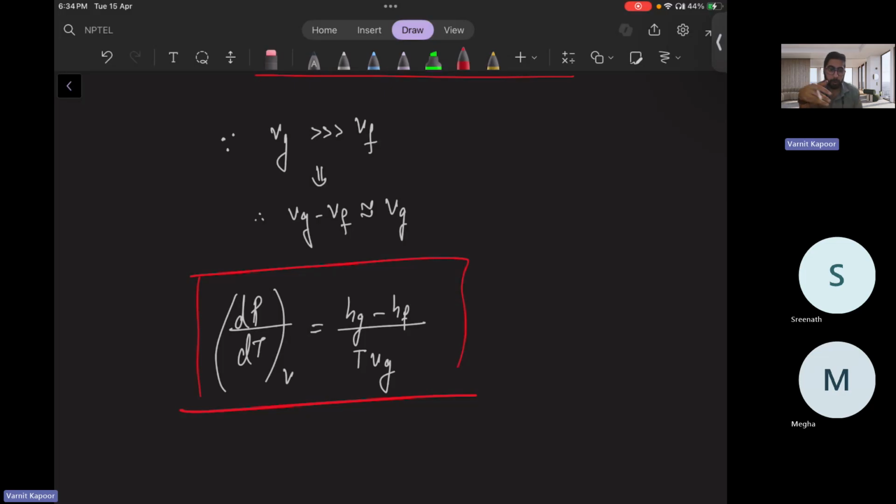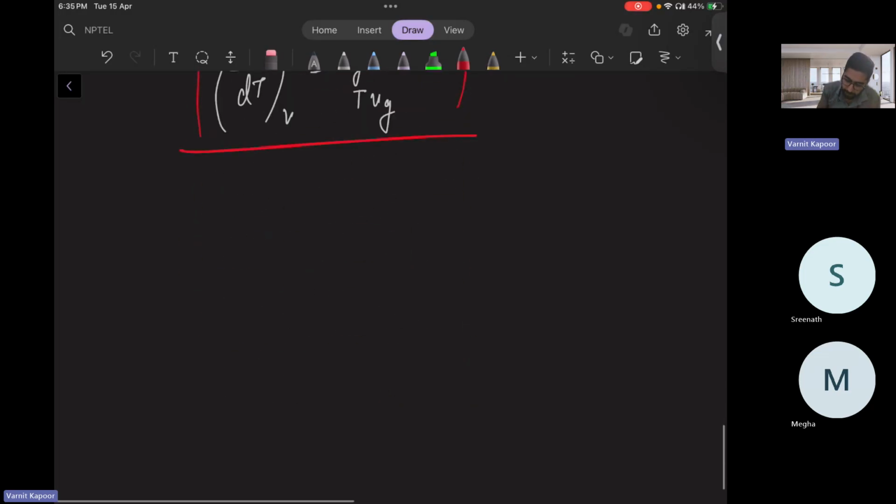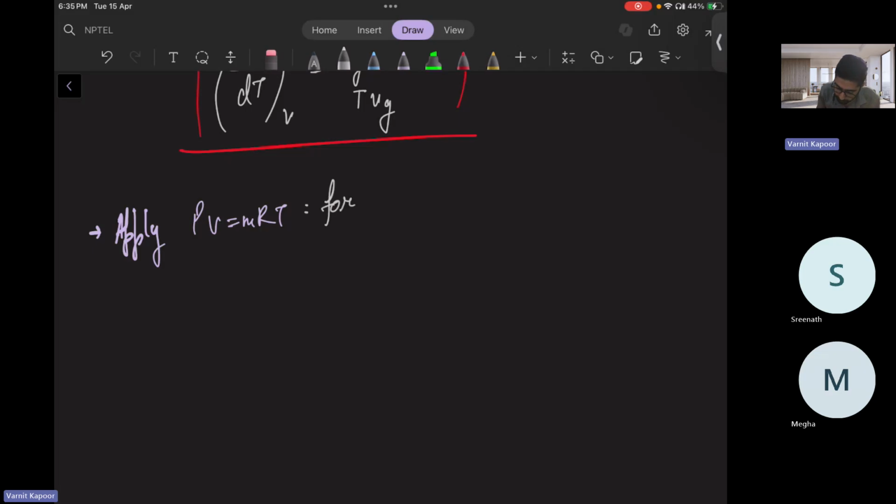Now, if I want to go beyond the wet region, then you can apply the ideal gas equation in the superheated region. So apply PV equal to mRT, for the saturated vapor region and not for the wet region.